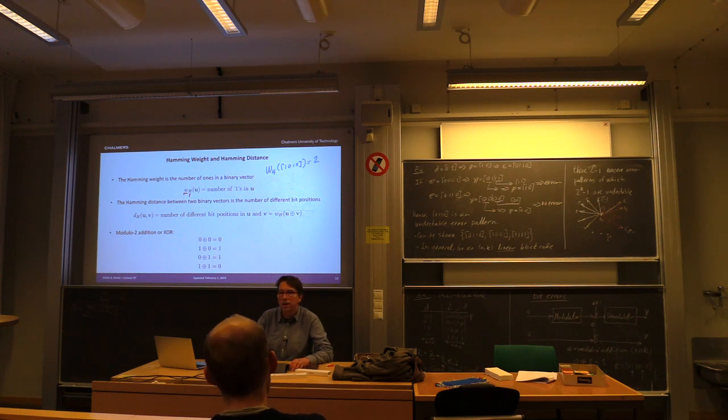It was a bad example because it has as many zeros as ones, but it's the number of ones that we calculate, right?